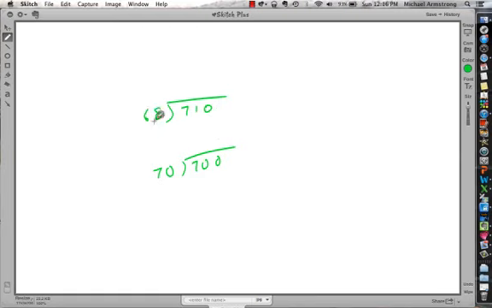Really, I just thought that I needed to use the 7 because 68 is close to 70, and then I looked for a number that worked. I got the same answer as if I'd rounded, but compatible numbers are a little different, and you need to keep that in mind. So 70 goes into 700 10 times. 1 times 70 is 70, add the 0, so it's equal to 10.